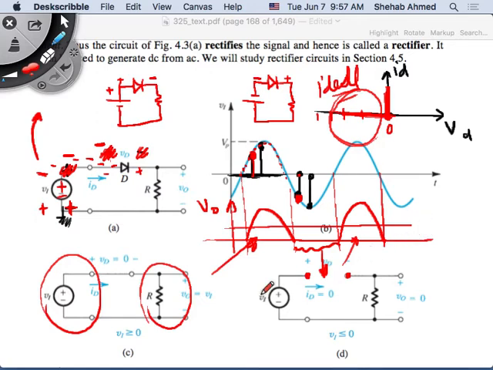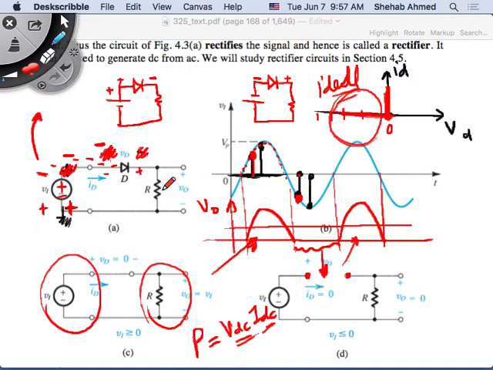Remember, what is power? Power in a DC circuit is VDC times IDC. These are average values of voltage and average values of current in a DC circuit. If I have a DC load here, like a DC motor, a resistor may not be very interesting here, but a DC motor would like to see an average value of voltage to produce an average value of current to produce an average value of torque.